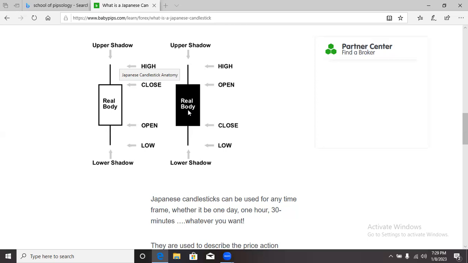It actually depends on you which one you prefer. It is not compulsory that your chart must be white and black, with white signifying bullish and black signifying bearish. You can choose to change the color. For example, you can prefer your bullish candlestick to be blue and your bearish candlestick to be red.